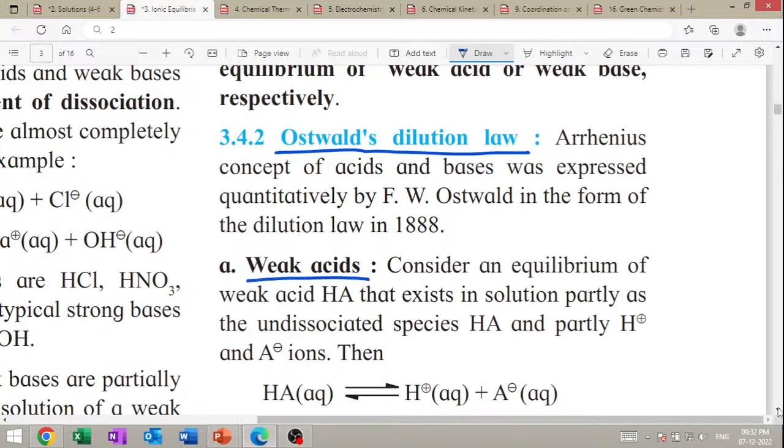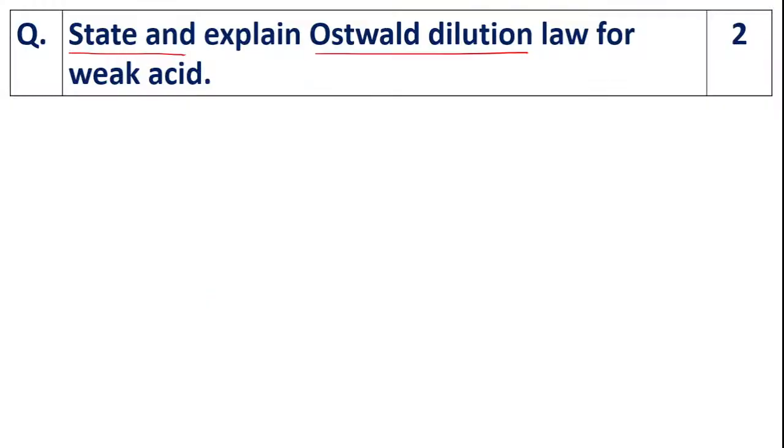तुम्हाला direct question असेल की Ostwald dilution law, तर मग तुमच्याकडे choice असेल, it may be weak acid or weak base. पण जर का question मध्ये specify केलंय, if the question asks for the specific weak acid, then only write for weak acid. And if the question asks for weak base, then write for only weak base.